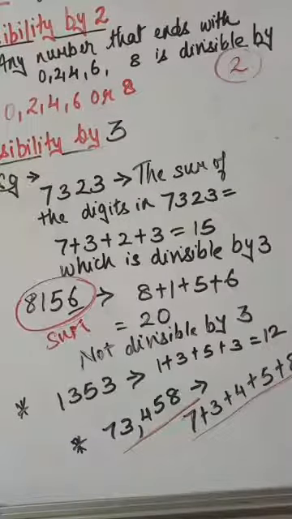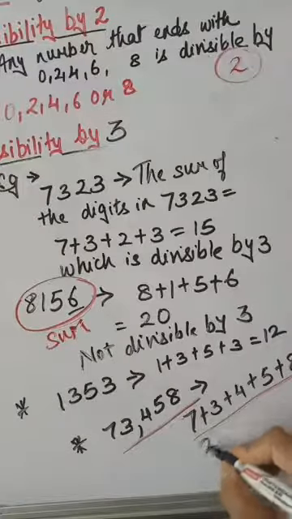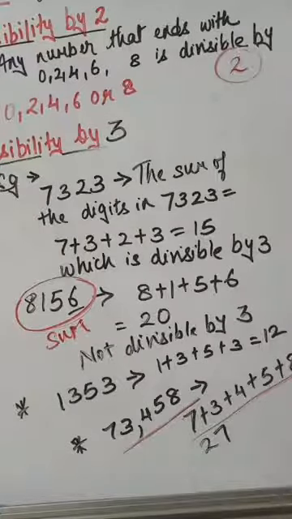Is it divisible? Yes, very good. So we get the sum, that is 27, and it is divisible by 3.